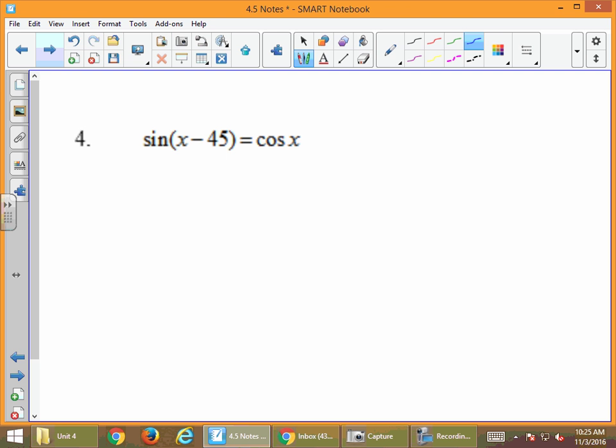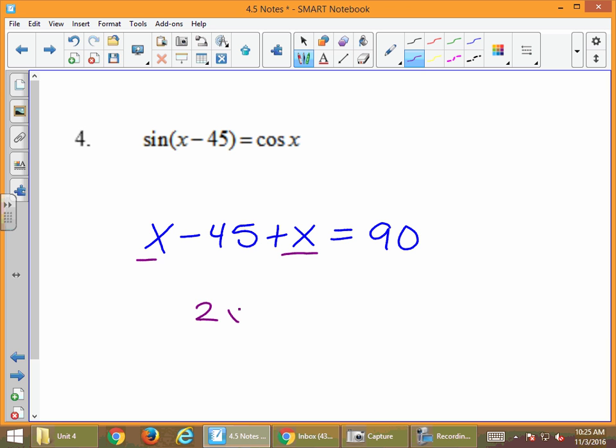Sydney? And then you just solve. Again, what's our first step when solving? What are we going to do here? Combine the like terms to get 2x. And then how are we going to get x by itself? Good.